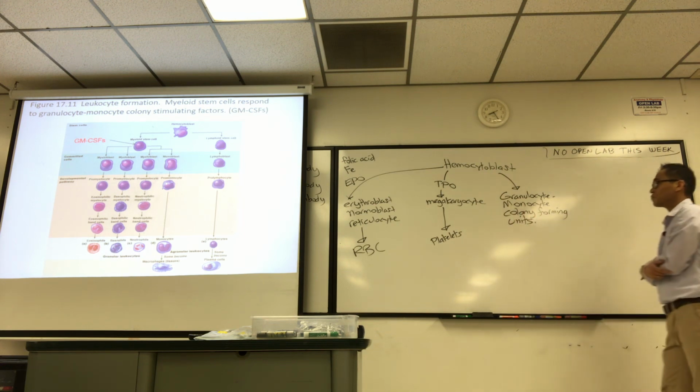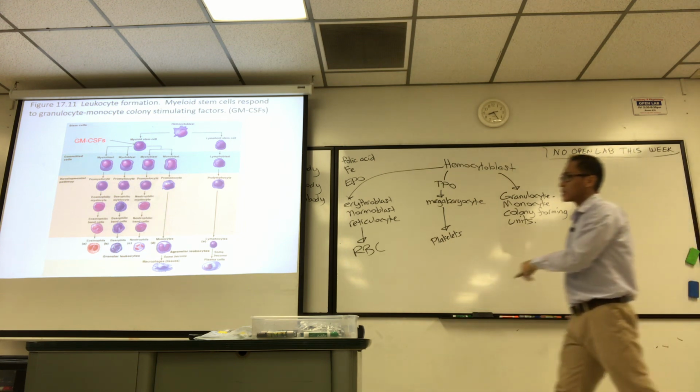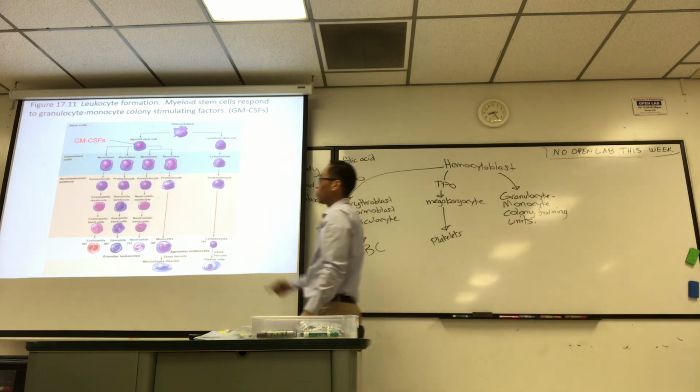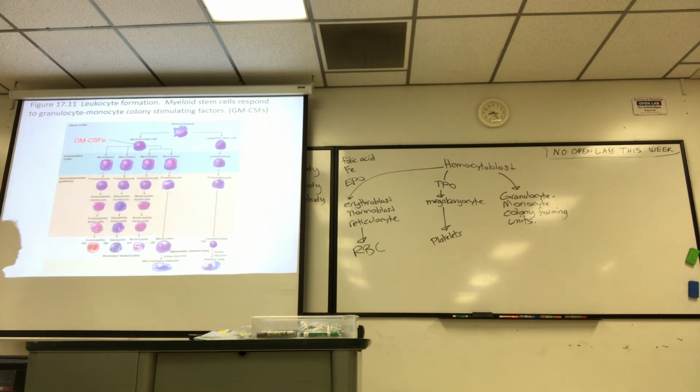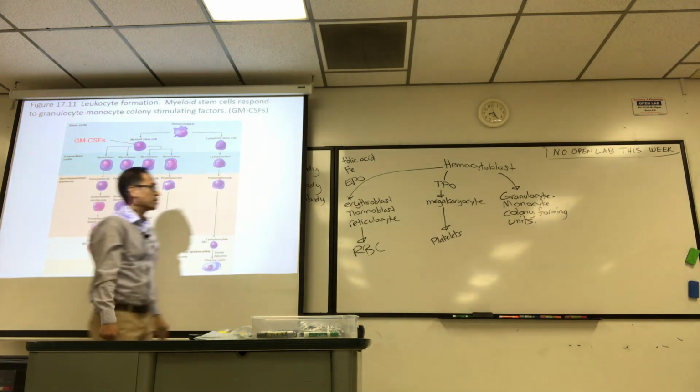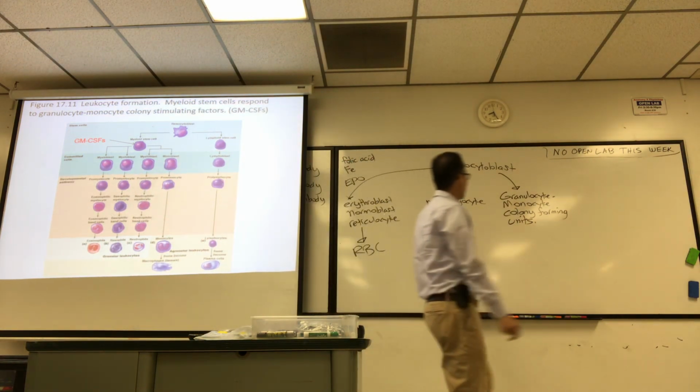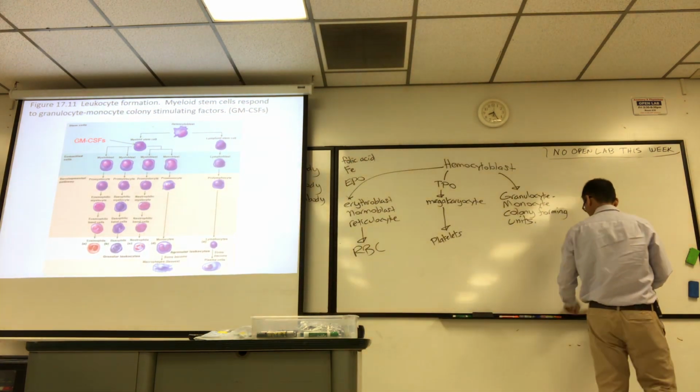So for example, on this slide, it's probably all of these committed cells up here, but I'm not going to write all those different cell names. I'm just going to say they're colony forming units, and that there's this GM-CSF. Use a different color.